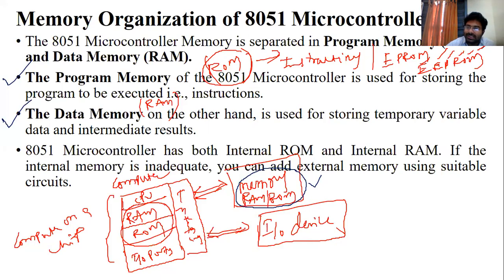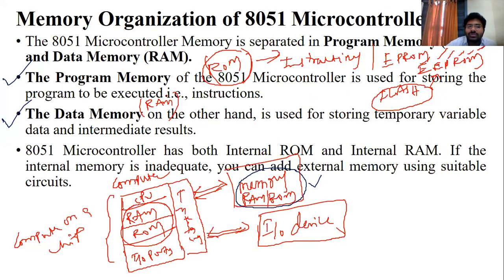Nowadays we are also using flash memory, the advanced version used in most devices. Flash memory was invented by the Toshiba Corporation; when you buy a Toshiba pen drive, they mention it.